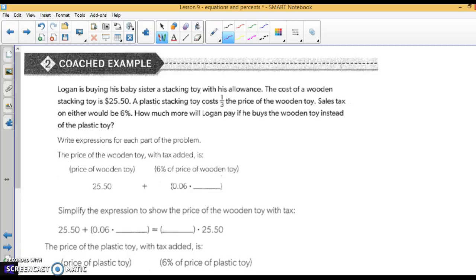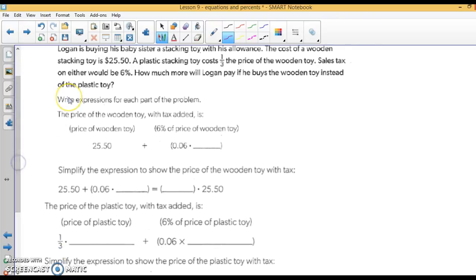Let's look at the last one. Logan is buying his baby sister a stacking toy with his allowance. The cost of a wooden stacking toy is $25.50. A plastic stacking toy costs 1/3 the price of the wooden toy. Sales tax on either would be 6%. How much more will Logan pay if he buys the wooden toy instead of the plastic toy? Write expressions for each part of the problem.